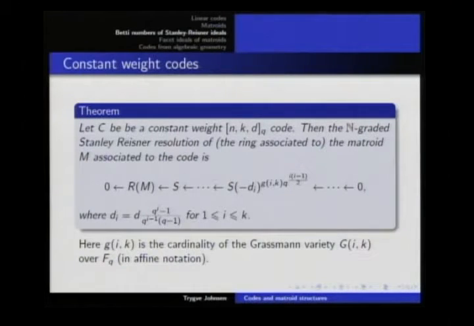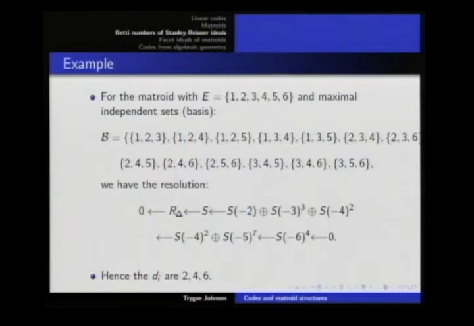And then by just playing a little more with these things, we get the resolutions. And you see that this one is pure. Both the uniform matroid and this matroid coming from such codes have pure resolutions. In each step, there is only one summand like that. Well, you saw that in general, you have several summands here. So you don't in general get pure resolutions.